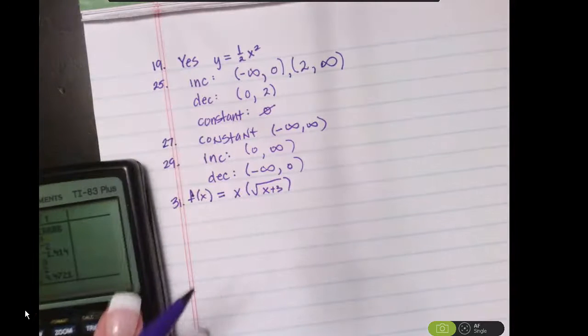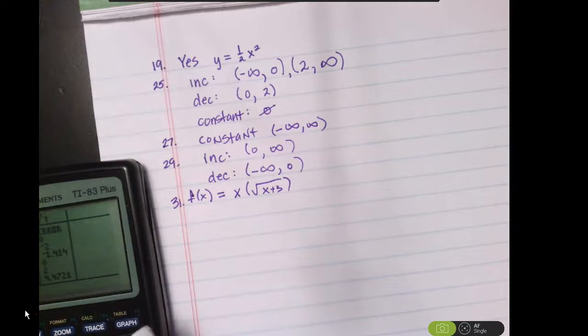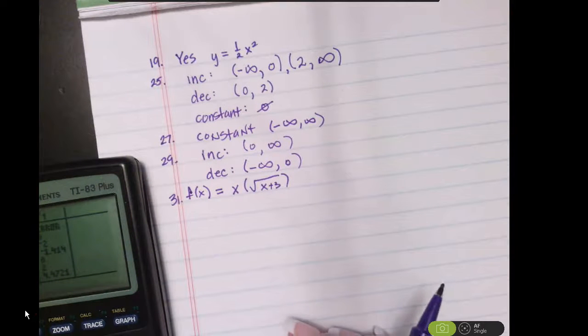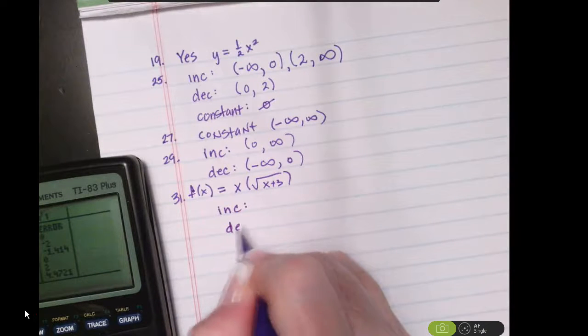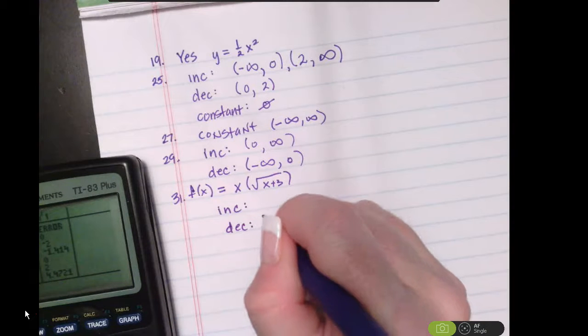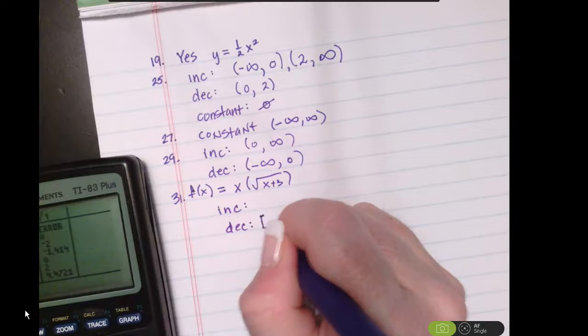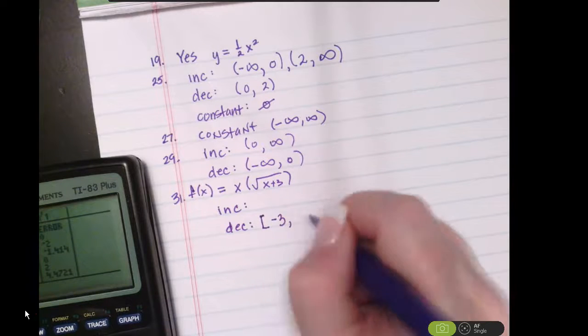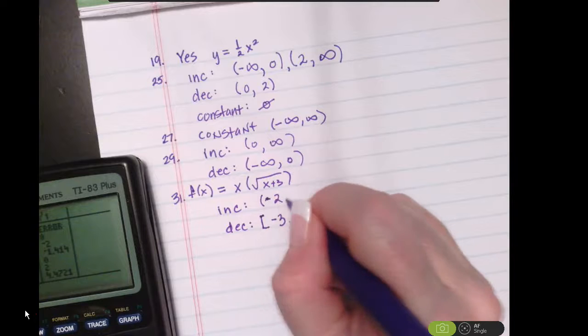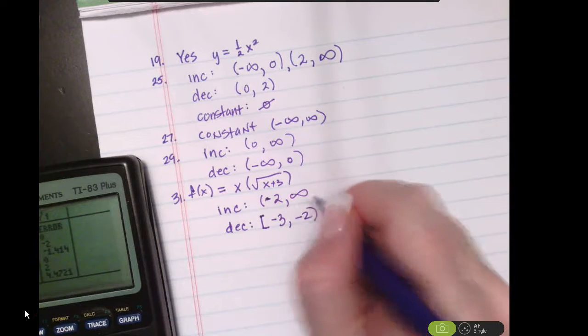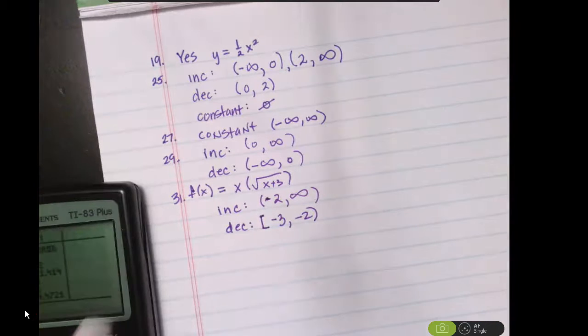So why don't we just make that the cutoff? So we decreased from negative 3 to negative 2, and then we increased from negative 2 for the rest of the time that function exists.